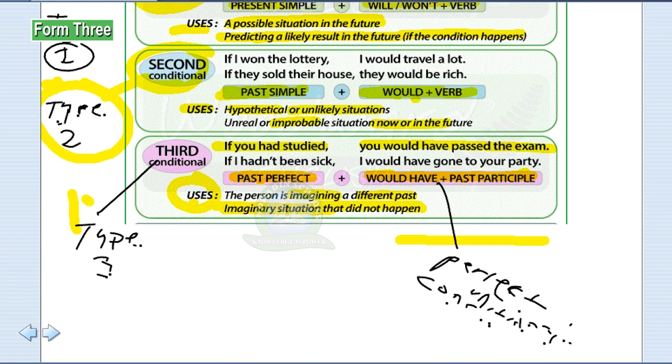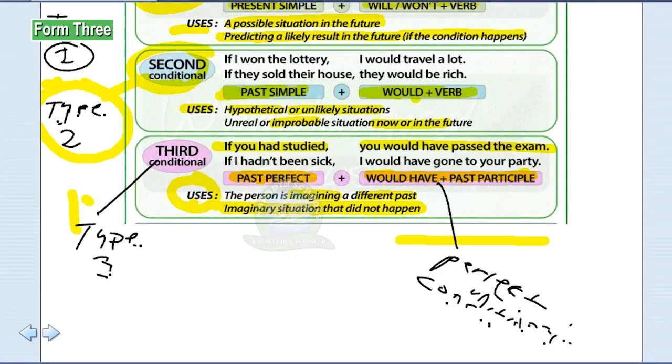It's an imaginary situation that did not happen. If I had lived in Makkah, I would have become Sheikh Sudais. If I had lived in Medina, I would have memorized the whole Quran. It's an imaginary situation that did not happen.